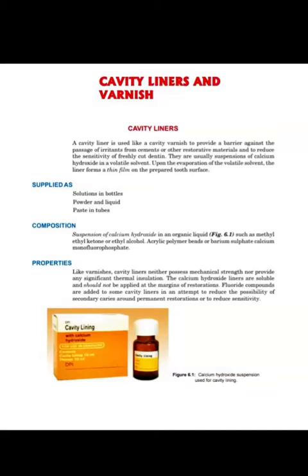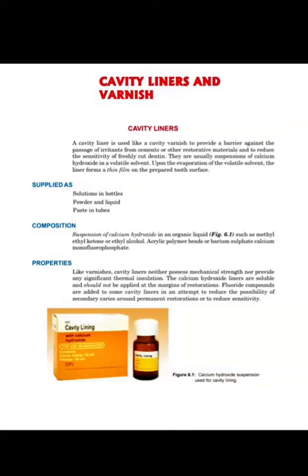In the last lecture I told you that for pulp protection we can use cavity liner, varnishes or base. In which condition can we use which? This is a very important situation. If the remaining dentin thickness is 2 mm or more than 2 mm, we can use cavity varnishes.